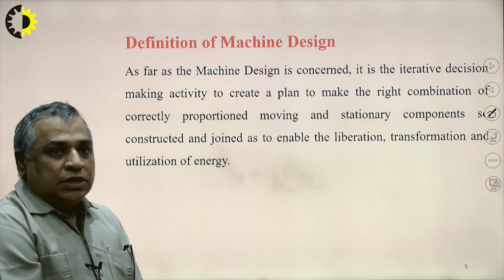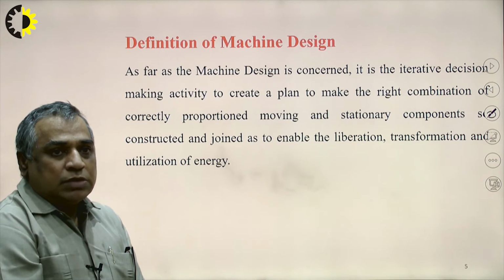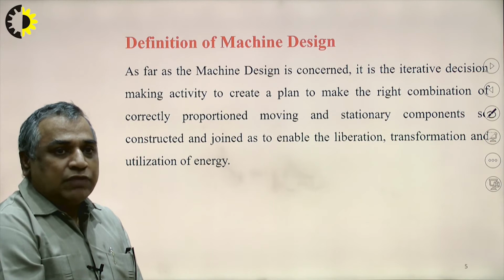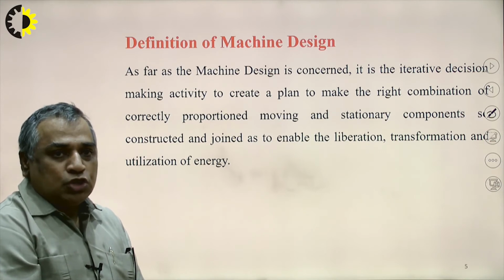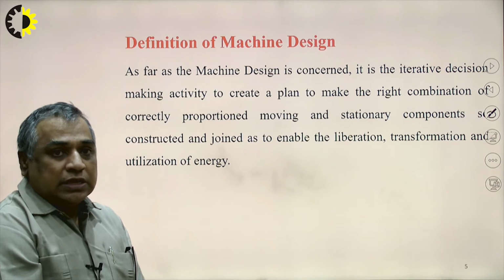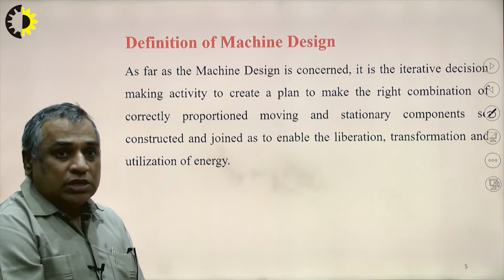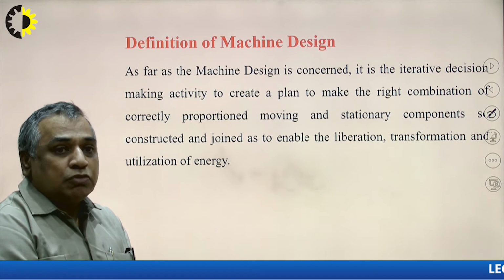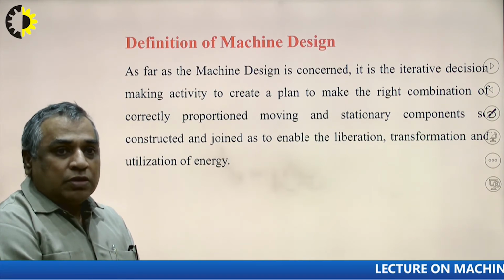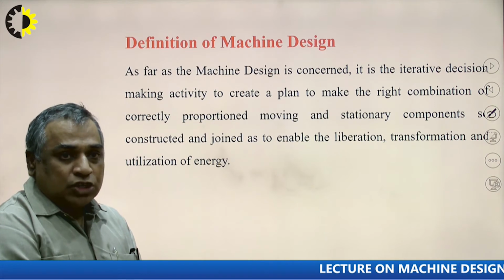As far as the machine is concerned, except the structure, support and base, each and every element has some relative motion to each other. As we have already studied the kinematics of machines, a right combination of correctly proportioned element lengths is required to perform the desired function.